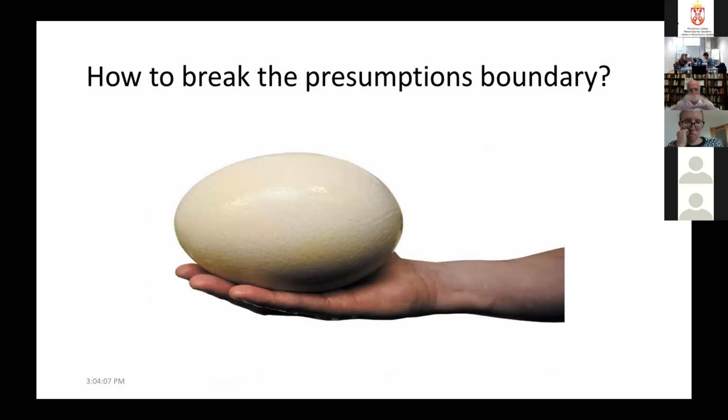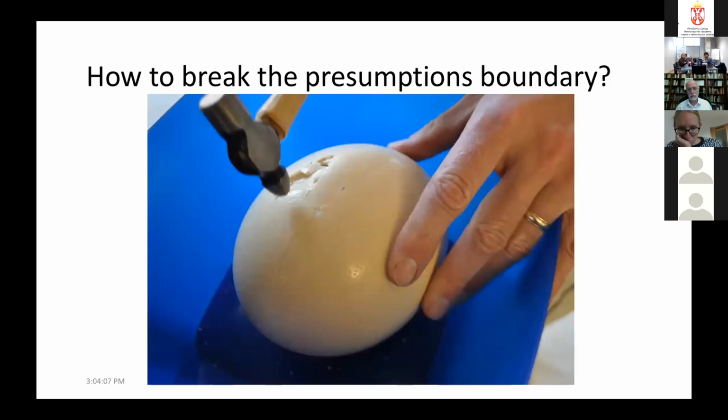And you know, you have seen the ostrich egg. It has a very, very thick cover. And the little ostrich cannot get out of it. It's very difficult to get out of it. Your presumptions are strong. So how to get out? Call the mother ostrich and she will come and liberate you.